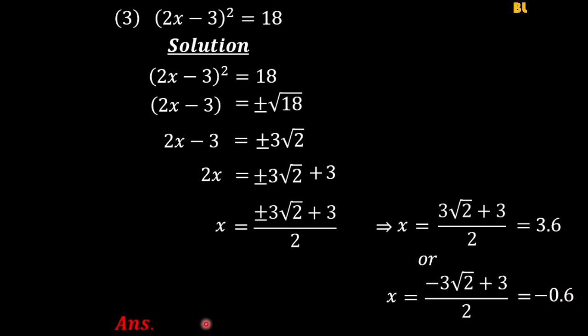So our answer is x is equal to 3.6, or x is equal to negative 0.6. So to solve the quadratic equation 2x minus 3 in a bracket square equals 18, our answer is x is equal to 3.6, or x is equal to negative 0.6.